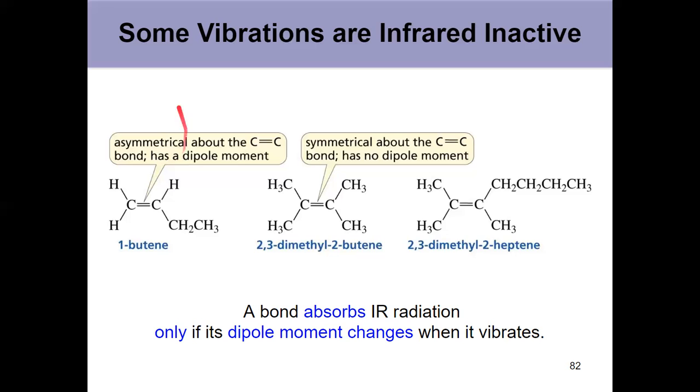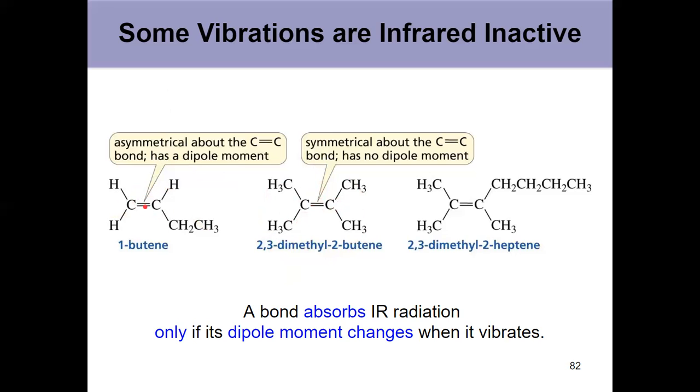Okay, so for example, the CC double bond right here, we know that sp2 hybridized carbons have a certain peak. But in a symmetrical molecule here, when that bond stretches, which is what the functional group peak corresponds to, the dipole moment doesn't actually change because everything on the outside is the same. Okay, so we would get it for 1-butene.